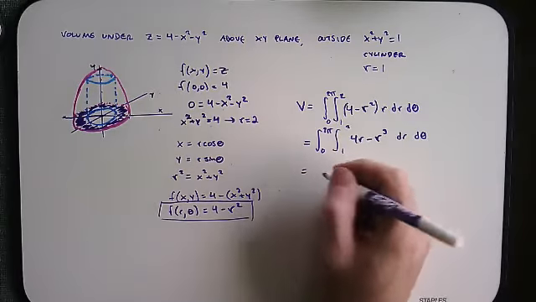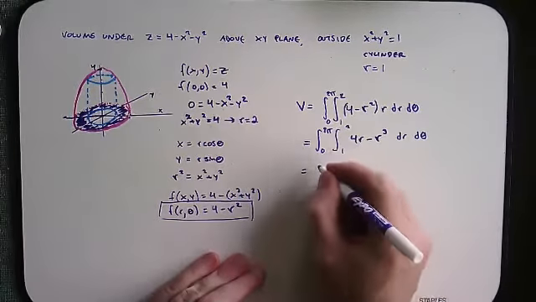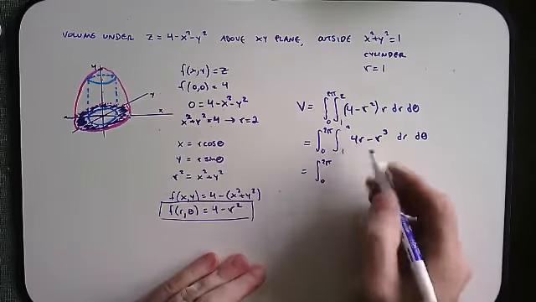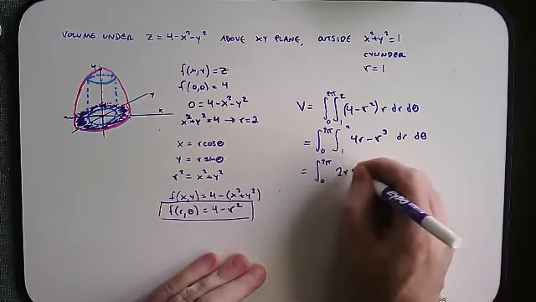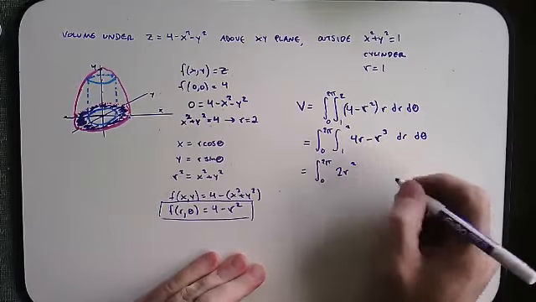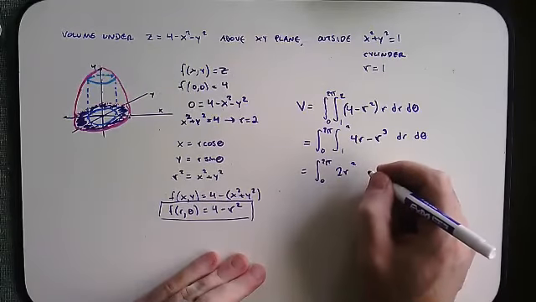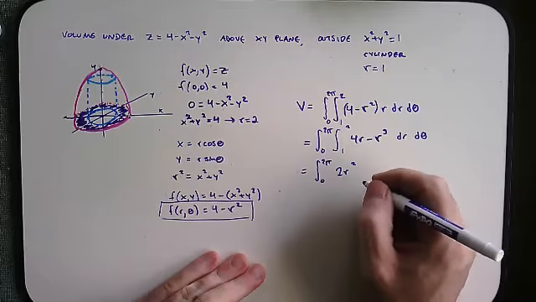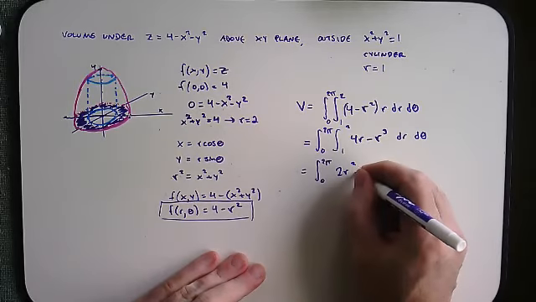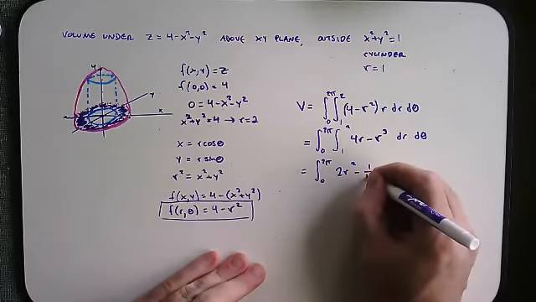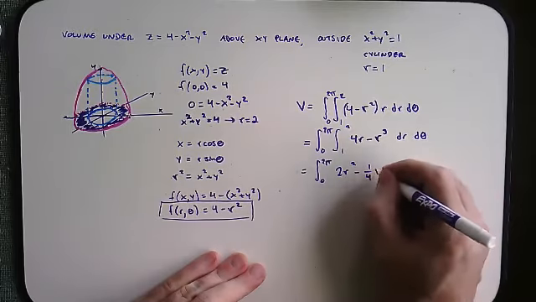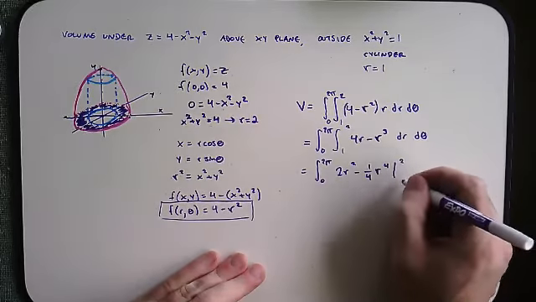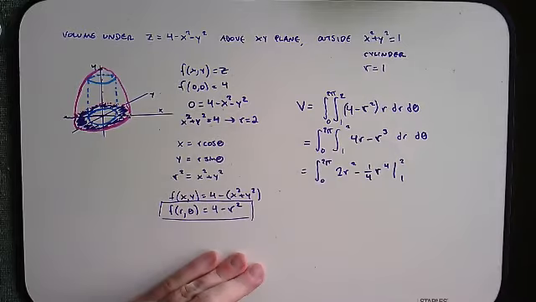Okay, so not a bad integral. So integrate in terms of r. We have 2r squared minus 1/4 r to the 4th, evaluated at 2 and 1.